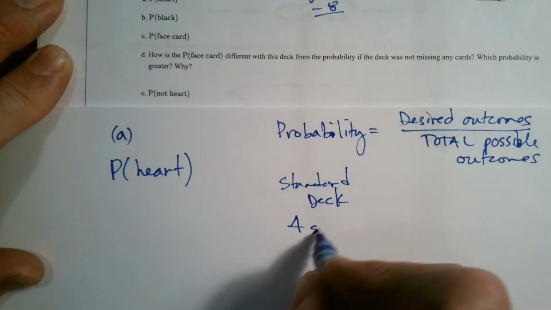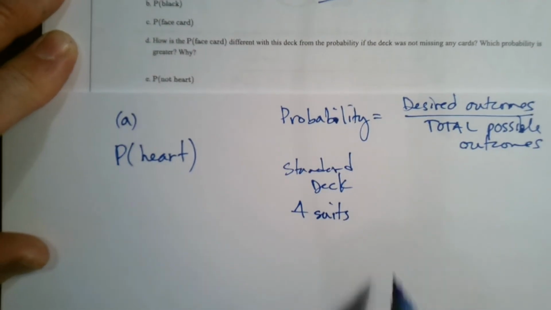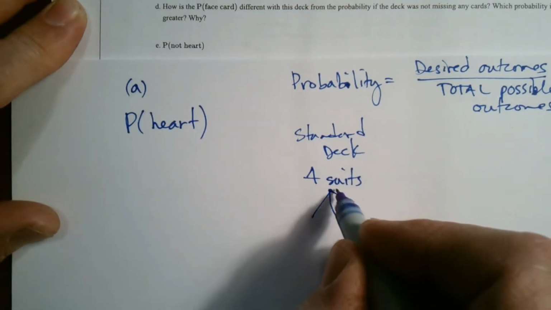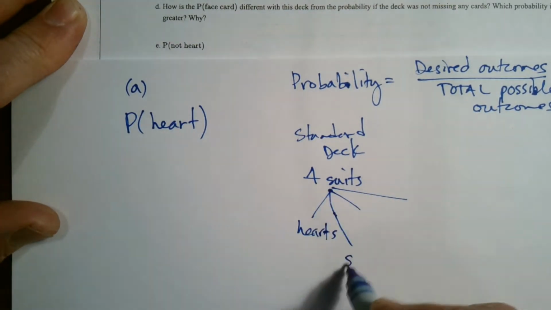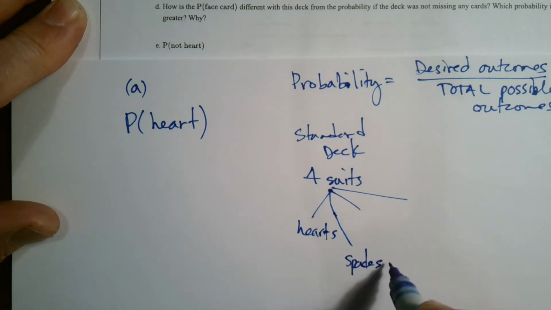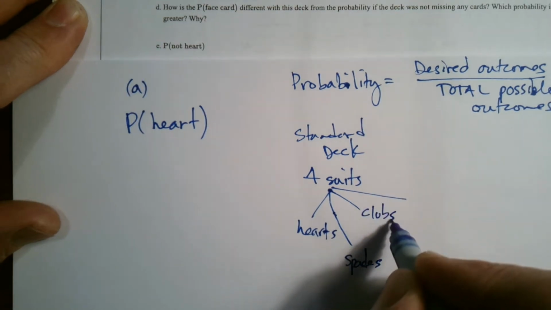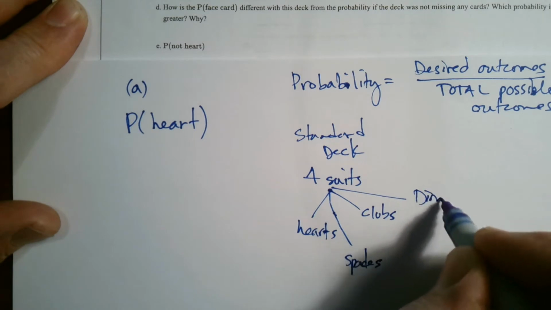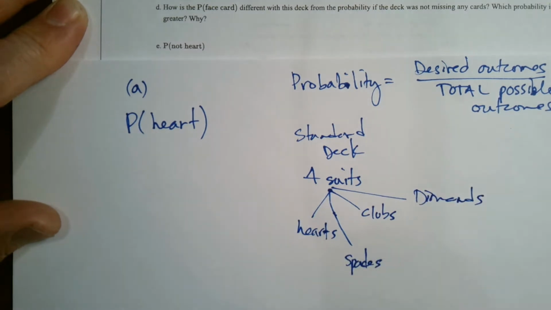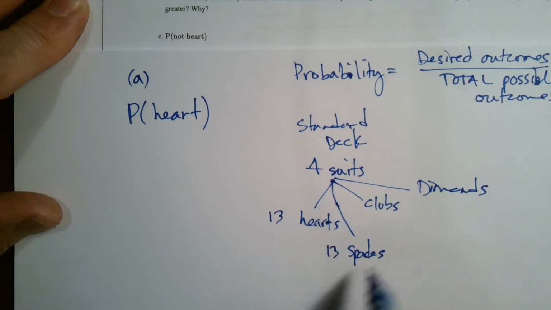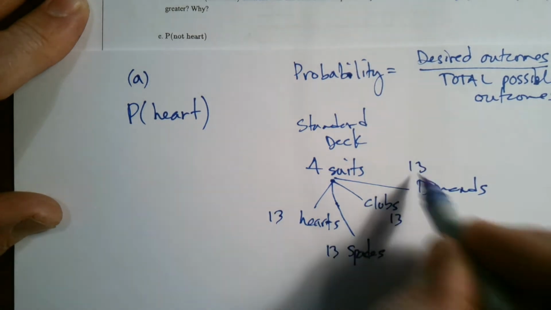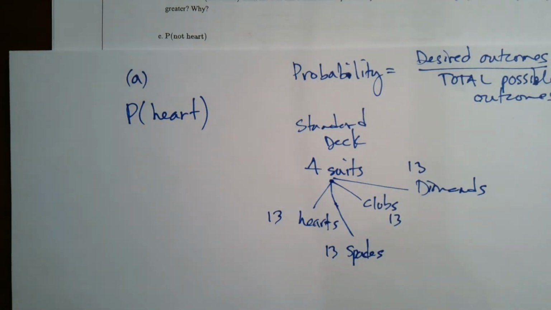The suits are hearts, spades, clubs, and diamonds. And with the 4 suits, there are 13 of each: 13 hearts, 13 spades, 13 clubs, and 13 diamonds.